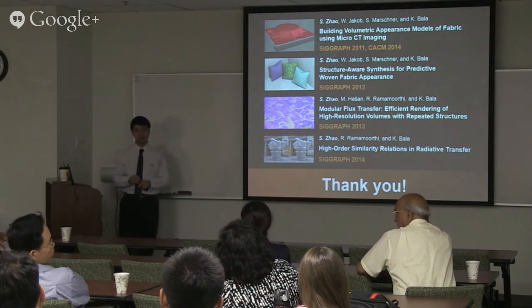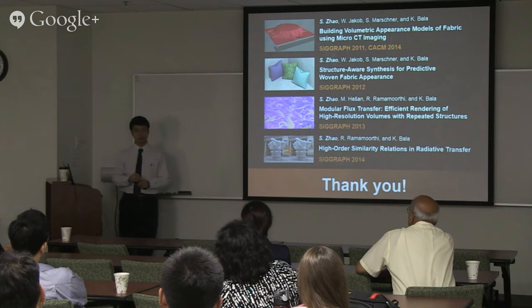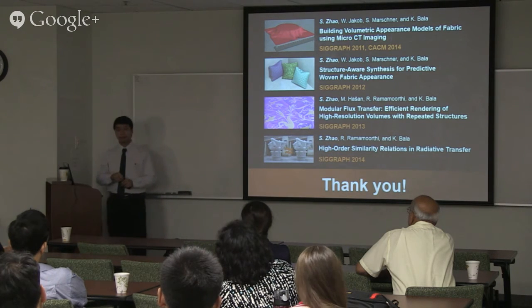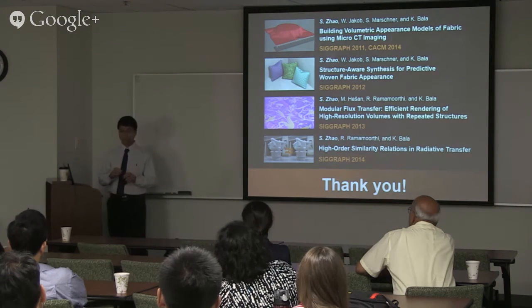With the current advancement in 3D printing, do you see possibilities of reversing the pipeline? I mean, can you really print new fabrics, because you have models now? Yeah, there is a work from Microsoft Research Asia that tried to 3D print fabric-like materials.